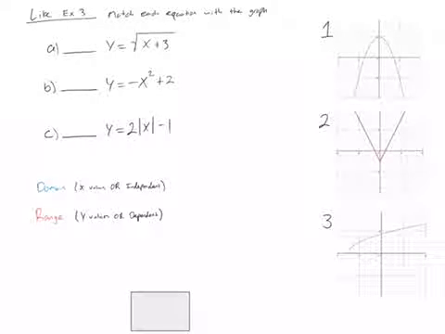So let's go ahead and try some easy ones. Let's try maybe just plugging in 0 for x. So up here, we'll plug in 0 for x. That means I'm going to have y is equal to the square root of 0 plus 3, which is equal to the square root of 3, which is approximately equal to, well, I'm just going to estimate here, it'll be like 1.5-ish.